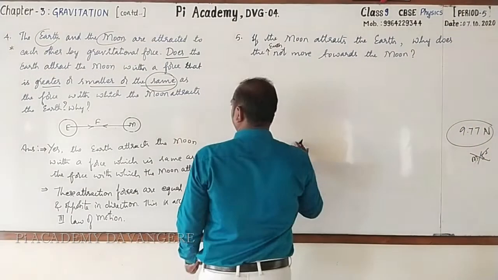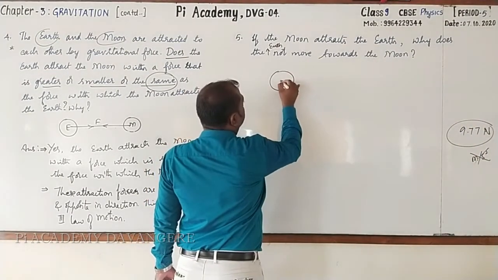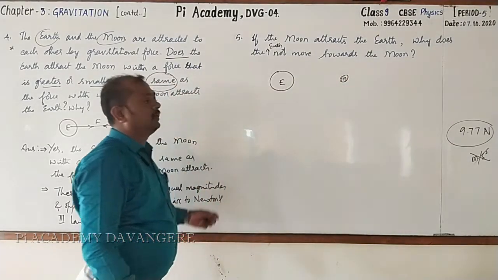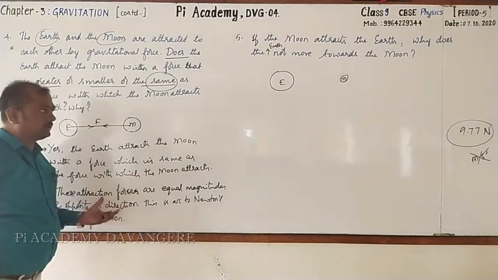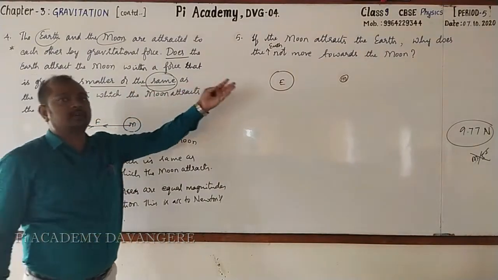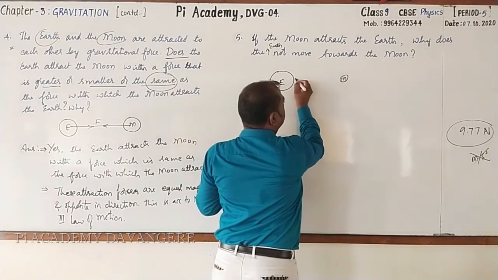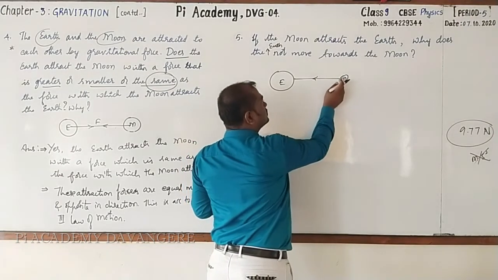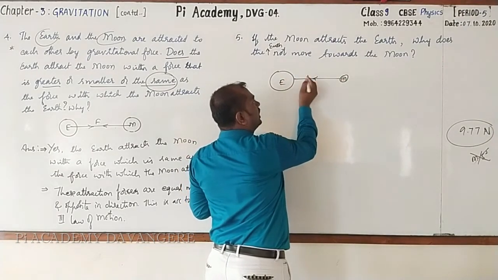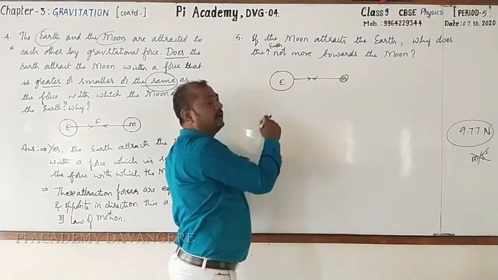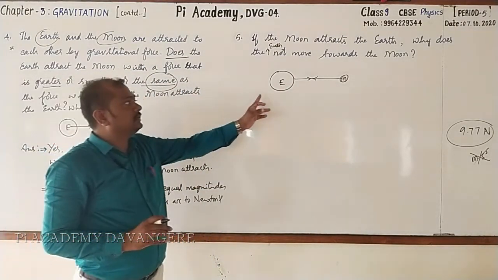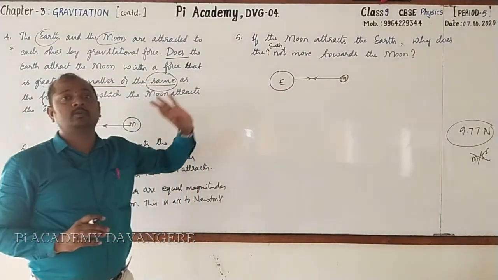Look again, see that here this is Earth and here is the Moon. We came to know that Earth will exert a force on the Moon. That means it attracts the Moon towards it. And the Moon will also exert a force on the Earth. It attracts the Earth towards it. But why will the Earth not move towards the Moon?